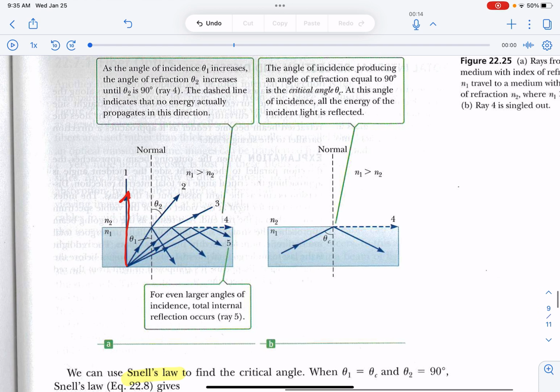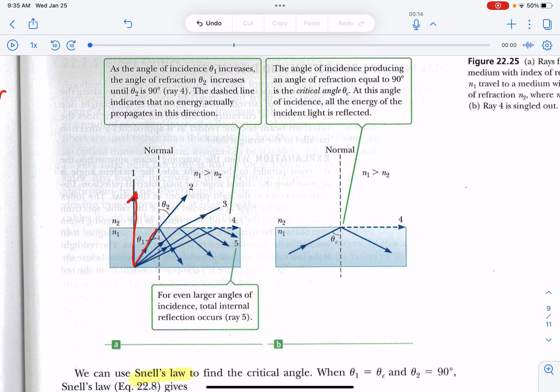If we're looking at a little bit of an angle, there's a bending away from the normal as we exit into a less dense medium, still bent away from the normal, and we're going to see things on the other side. But then at a certain angle, we don't see anything out here.